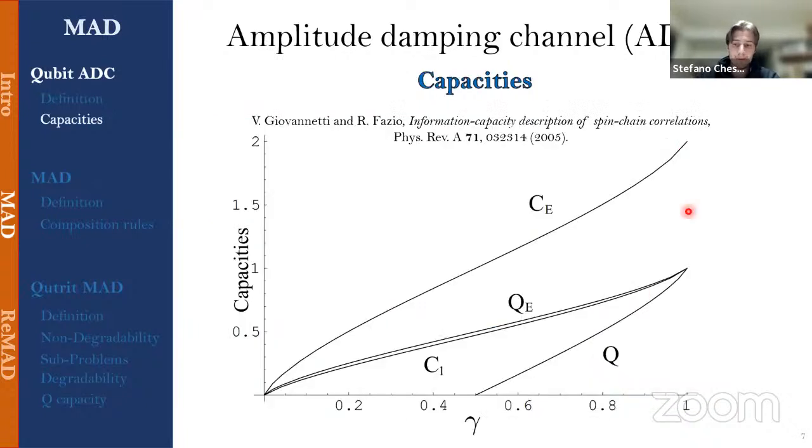Regarding the information capacities, some of those associated with the qubit amplitude damping channels were first approached by Giovannetti and Fazio in 2005.